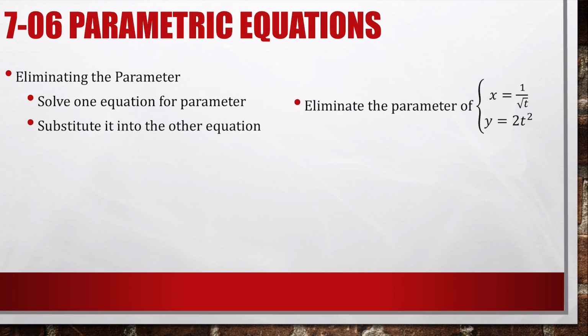For example, I could take this first equation and solve it for t. So multiply both sides by the square root of t. Divide by x, and square both sides.